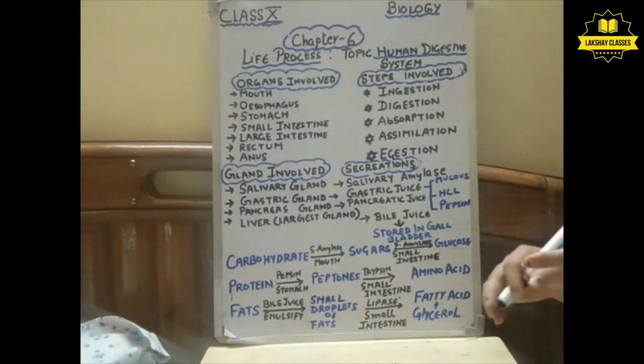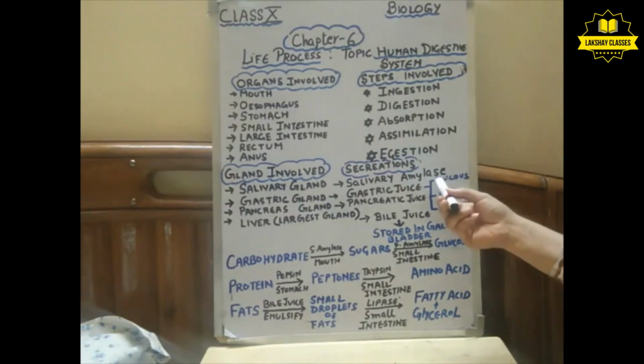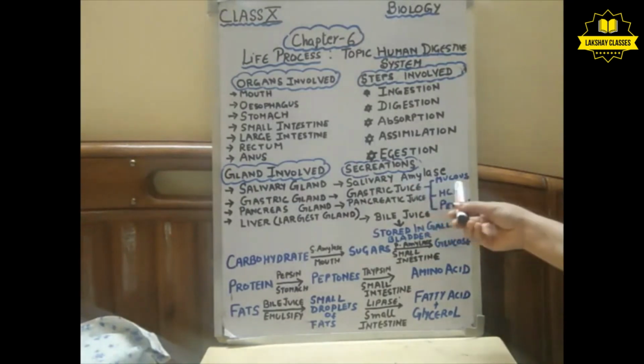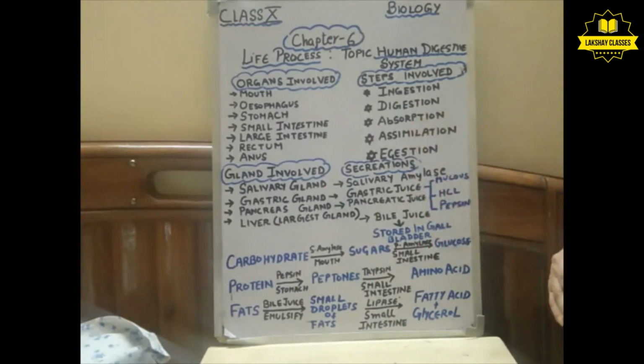I hope you understand what ulcers are. Ulcers are the sores that sometimes appear in your mouth. These ulcers can be very harmful, and they are due to the production of acid. So to prevent ulcers in the stomach, the gastric juice contains mucus. This mucus will cover the inner boundary of the stomach so that acid will not come in contact with the wall of the stomach.